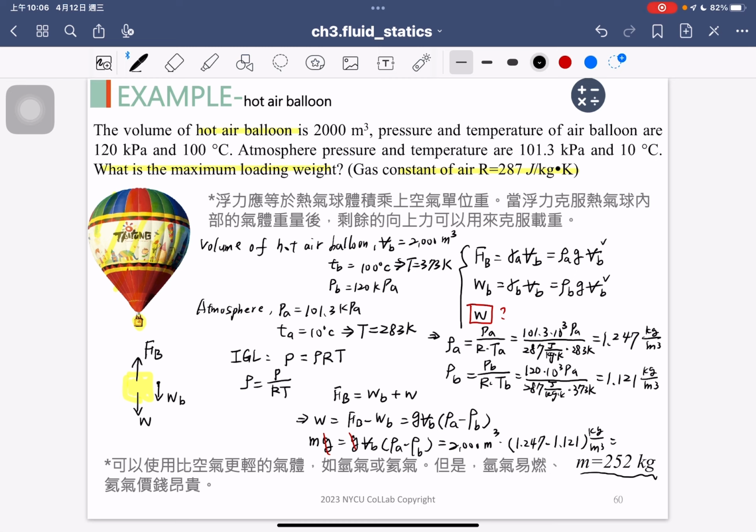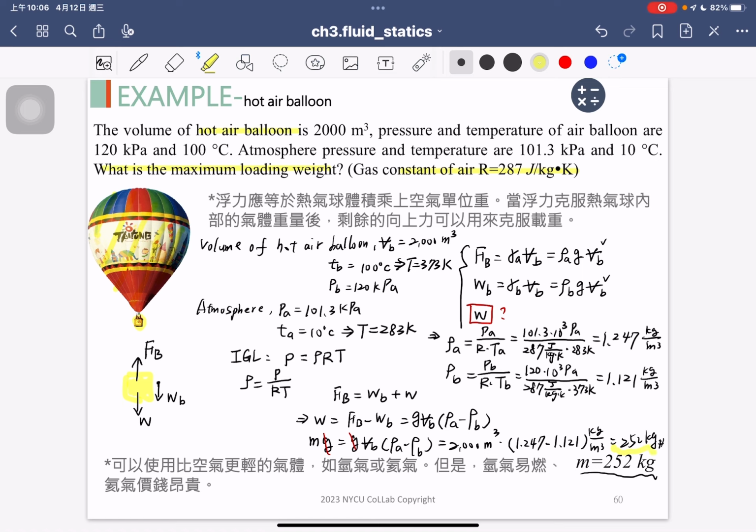Okay, so you can double check the answer on your side. For me, it's around 252 kilograms.